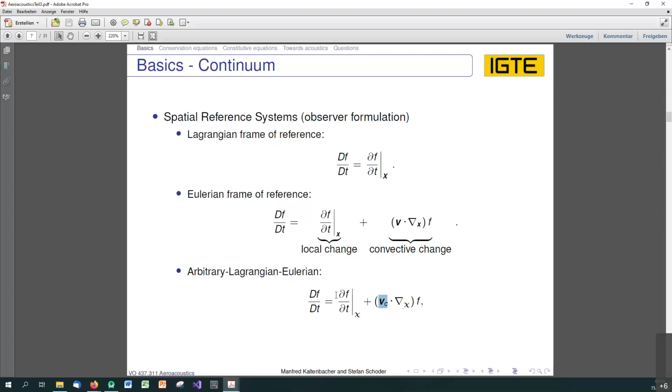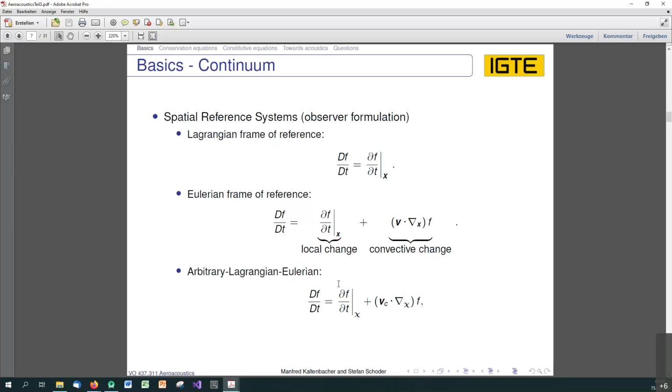So this is very general, and if you formulate it in this way and then introduce different convection differences, then you will obtain the Eulerian or the Lagrangian. So that's all formulated in operator notation, and I hope it is clear for everyone.